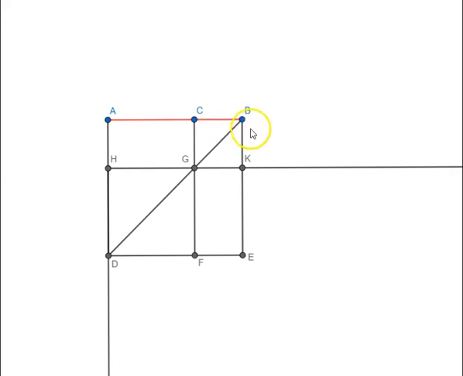Since ABE is 90 degrees, that means the opposite angle is also 90 degrees. That means this is also 90 degrees and this is also 90 degrees. So all the sides are equal and all the angles are 90 degrees. That means this is a square. Similarly, we can prove that this is also a square.